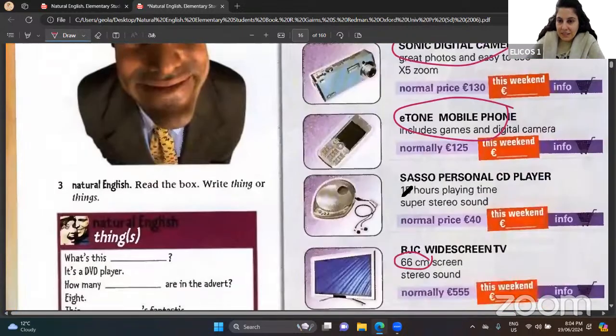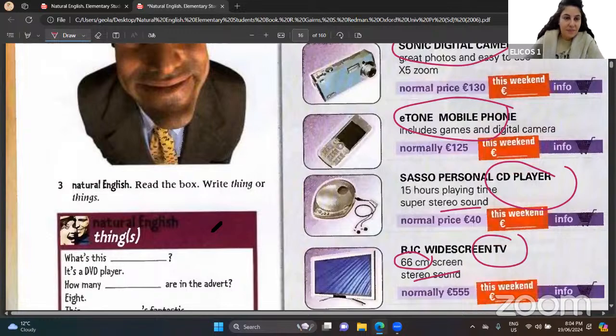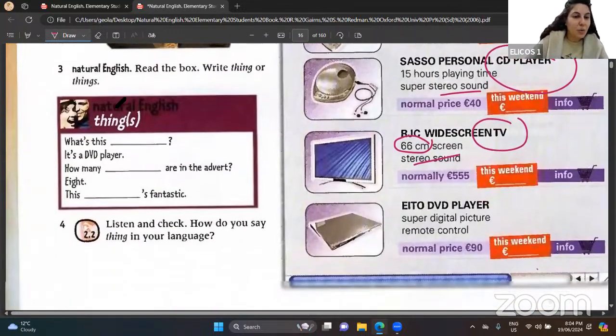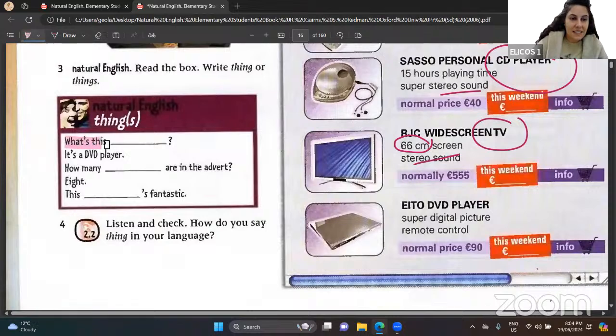Let's see. The CD player, can you see stereo sound? And the TV. Okay, so now we could say, what's this thing? Because if it's singular, what's this thing? It's a DVD player.